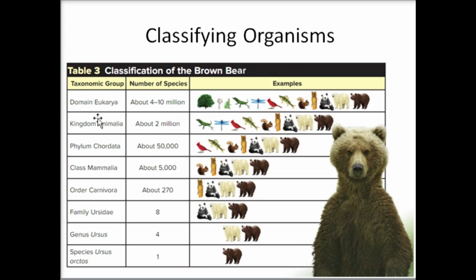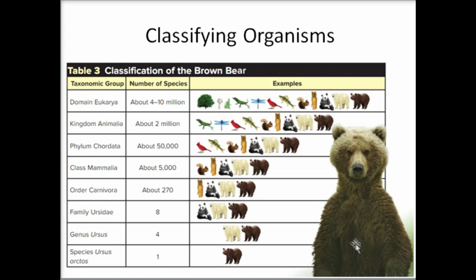And the idea is, as you go down the taxonomic groups, the number of species decreases. And what we're doing is narrowing down the number until right at the very end, you've only got 1 species, which we call the species, okay?